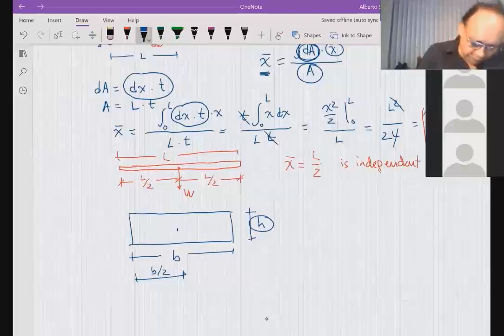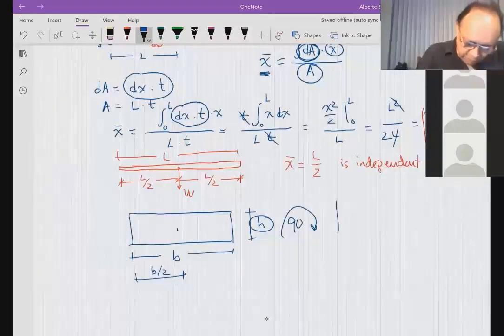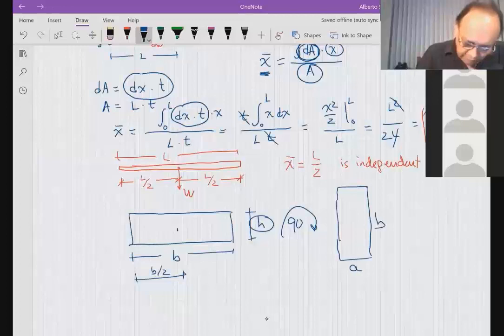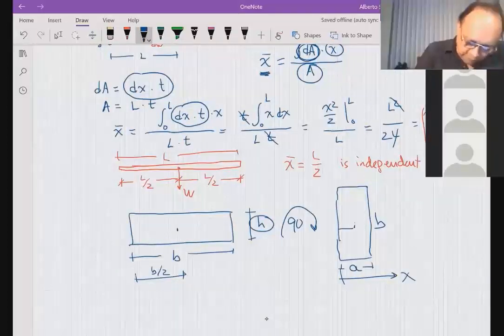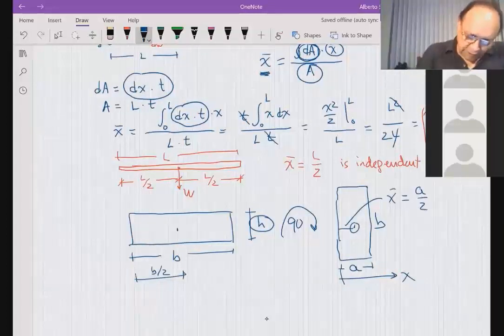And if we rotate it 90 degrees like this and do the same calculation, now we have a strip that is very wide, where this is A, this is B, and this is our X direction. So the location of the centroid, this x bar, is equal to A over 2, because in this case this is the famous t.